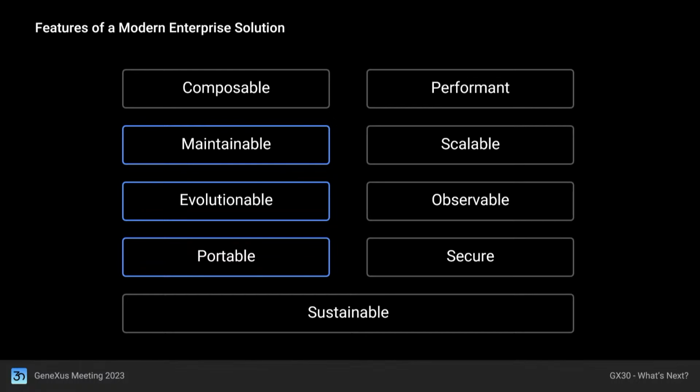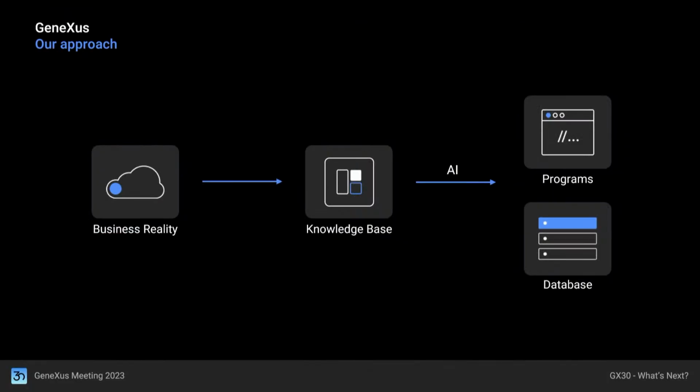And now we'll move into the next group. So far, we talked about composable. We'll see how maintainable they are, portable, and evolutionable. And the basis is clearly GeneXus, because we are based on GeneXus. We describe the reality on a database with artificial intelligence.